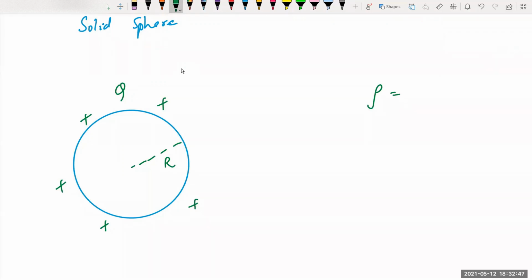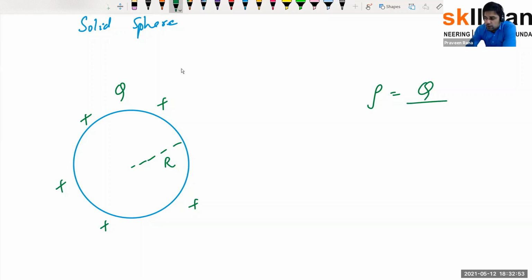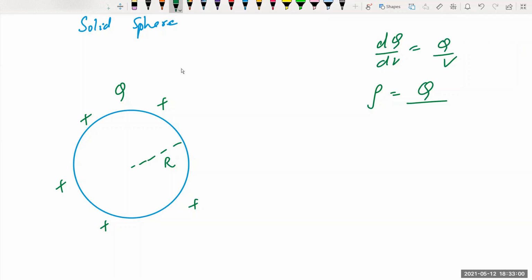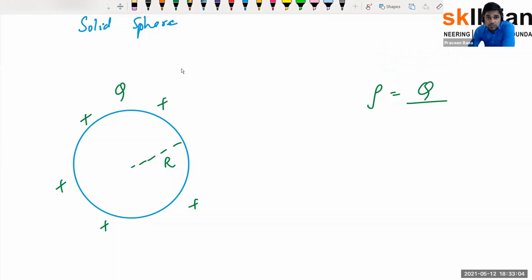It is uniformly charged, so dq over dv would be exactly the same as Q over V. So if density is constant, both of these quantities will be the same. If the density was different, these quantities would be different. So rho would be charge per unit volume.